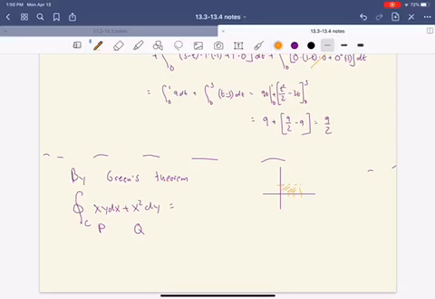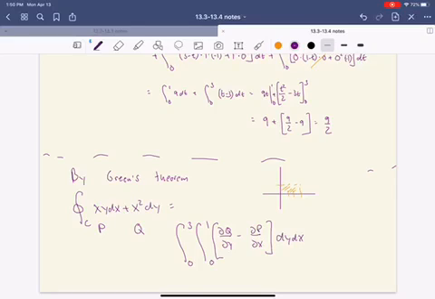Remember, this is going to be the integral where x goes from 0 to 3, y goes from 0 to 1, of partial Q with respect to x minus partial P with respect to y, dy dx.